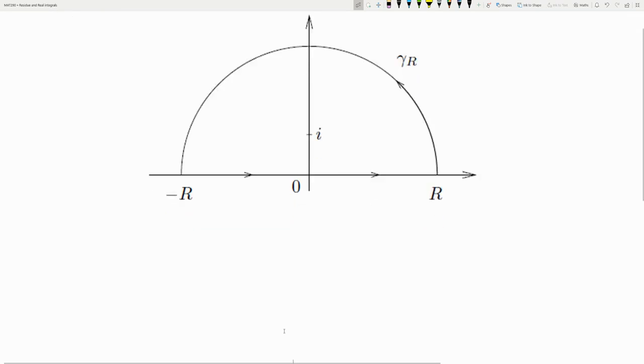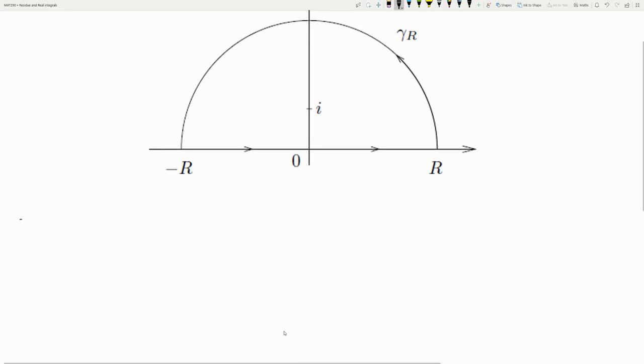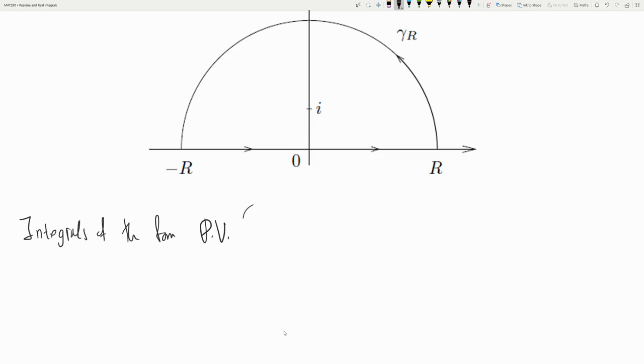Now we will talk about integrals of the form principal value of f of x times a trigonometric function, cosine ax or sine ax.